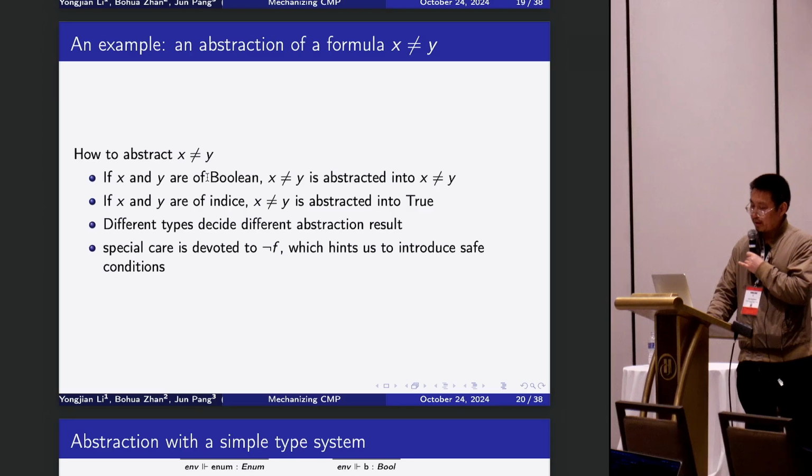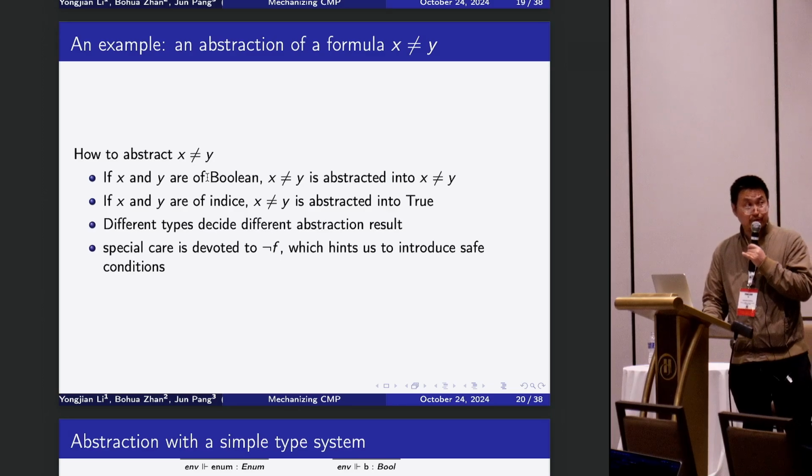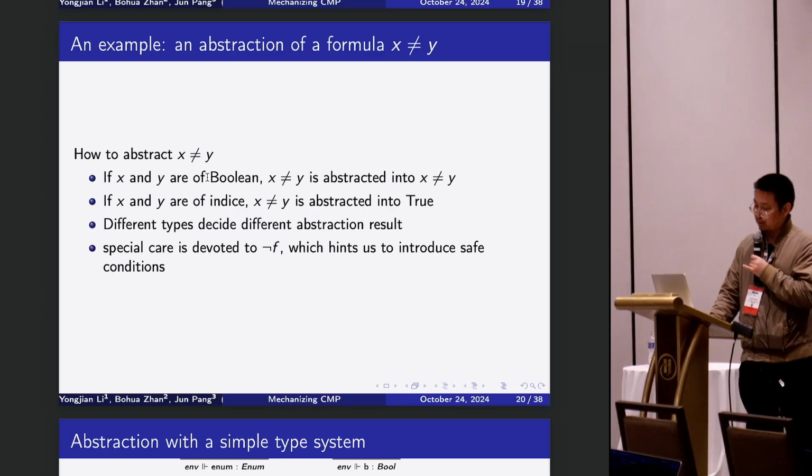But if x and y are of index type, this one should be abstracted into Chou. We have to make a consecutive abstraction.